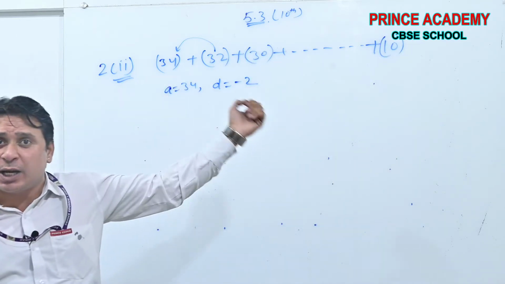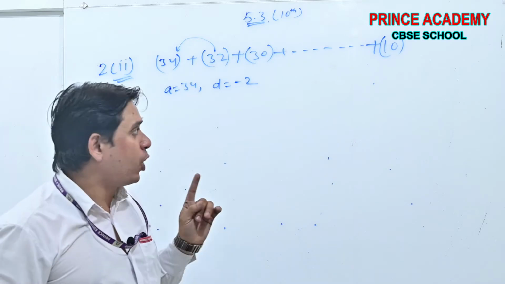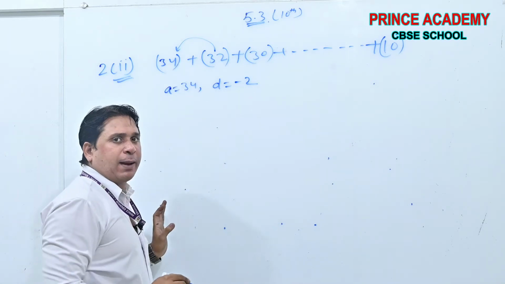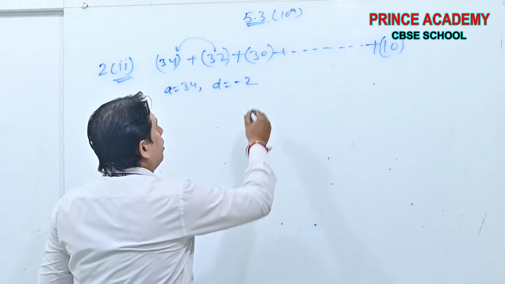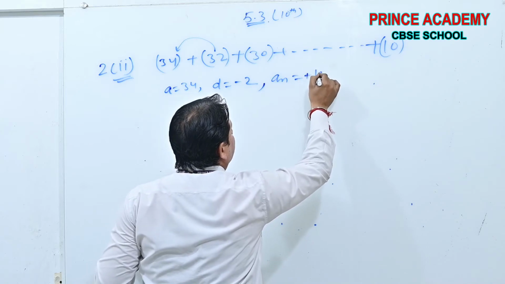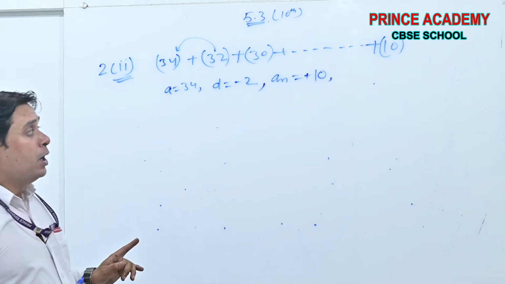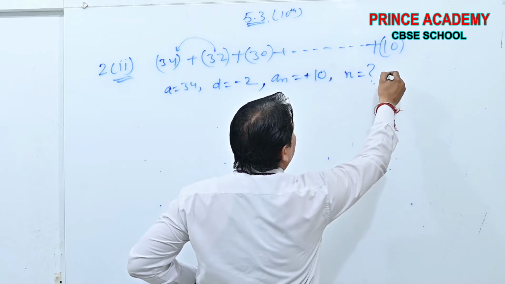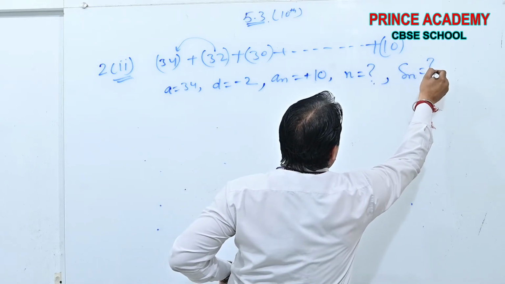We don't know which term this is. First of all, A and D we were able to find. Last term we don't know, but it is given: 10. First we will find N here, then we have to find Sn. You got my point, beta?